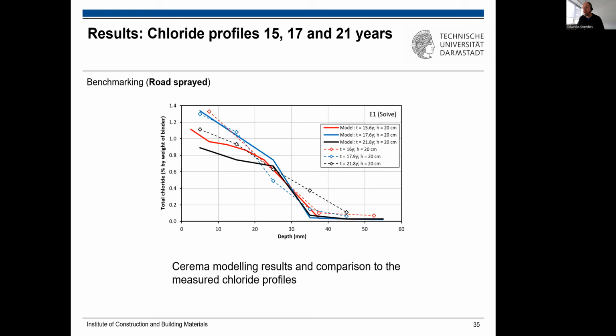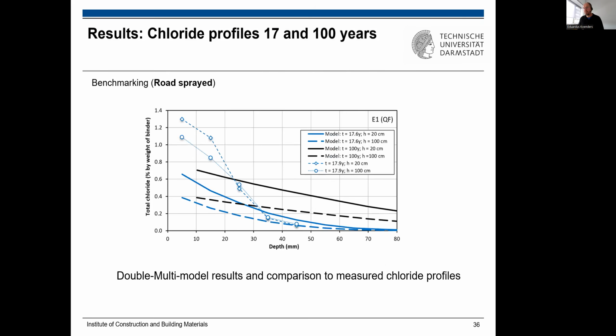What we have more is here from Serema. There was not a prediction to 100 years. They also only tried to simulate the current state, up to 21 years. I think the result is also very good. And we have here also from QF, he had a different approach. Results are also quite okay. And with the double multi-model, there were different other issues that play a role in this model.